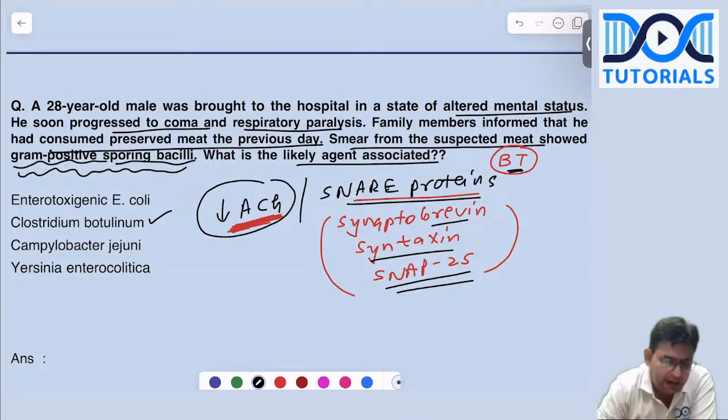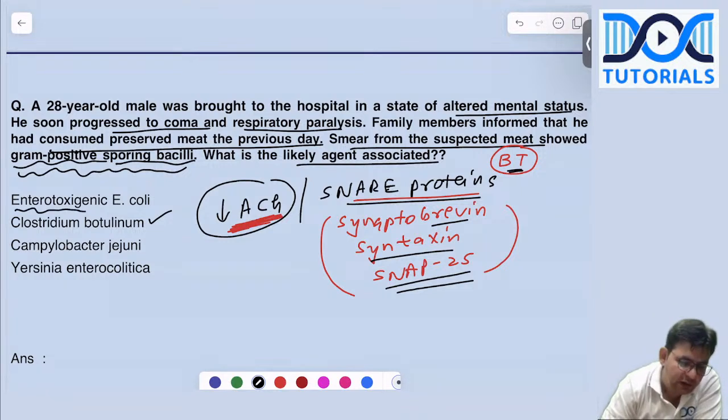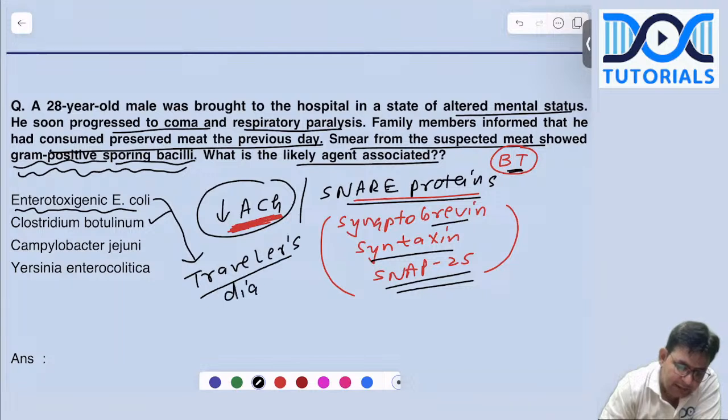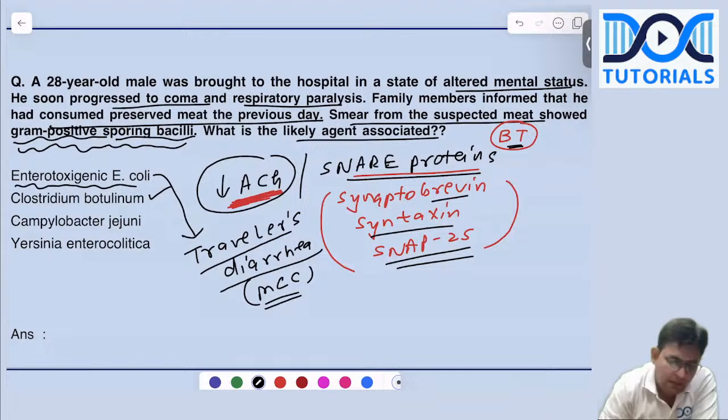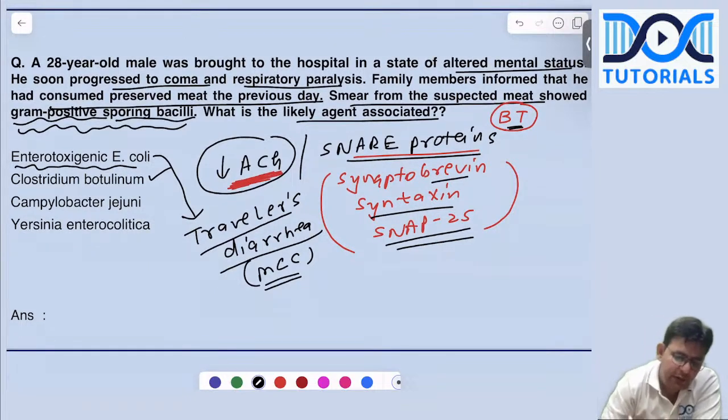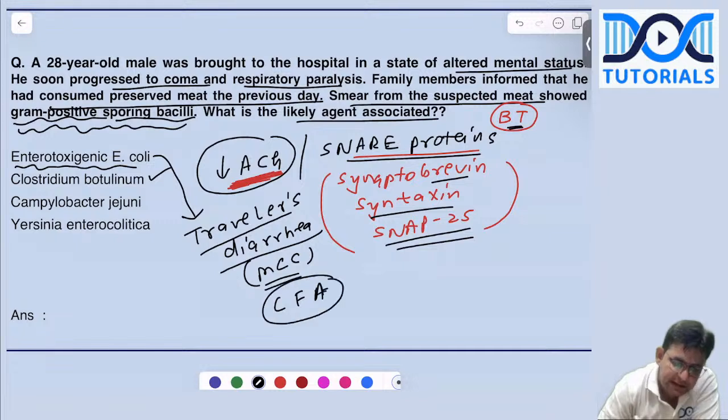Okay. Enterotoxigenic E. coli, if we talk about it, leads to what, guys? Traveler's diarrhea. Everybody knows the most common cause of traveler's diarrhea is enterotoxigenic E. coli. But few know which particular antigen is involved in this, and that is termed CFA.